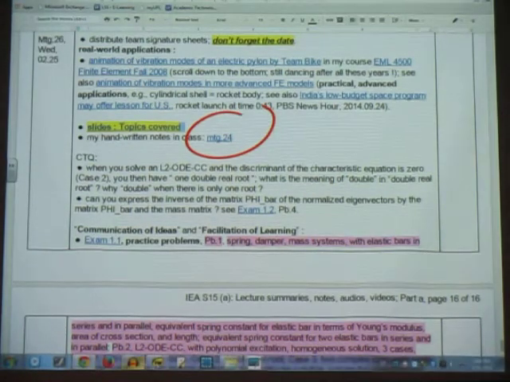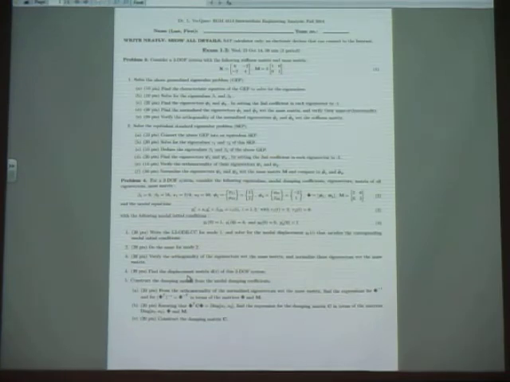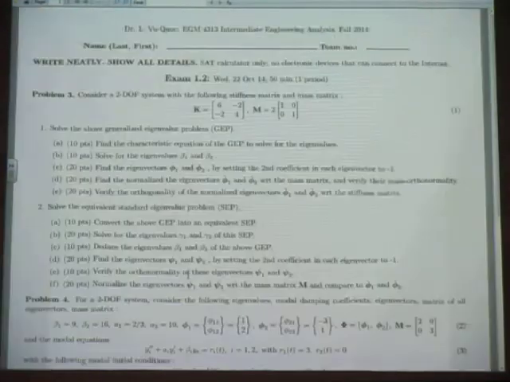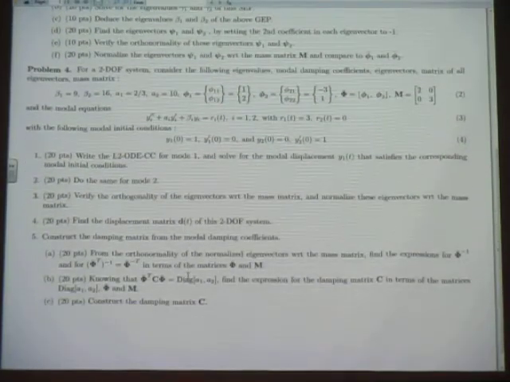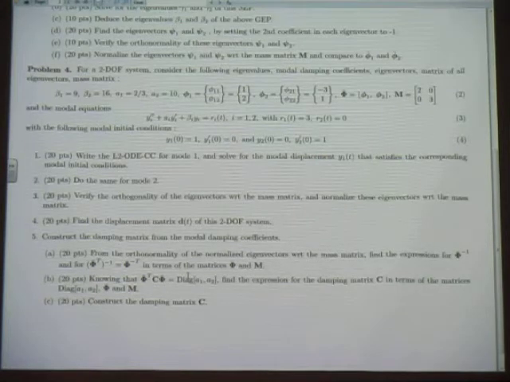So this is exam 1.2, and let me show you where that question would be. That's in problem 4, and the question is right here, 5A.